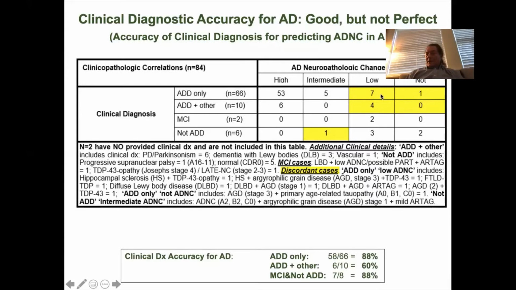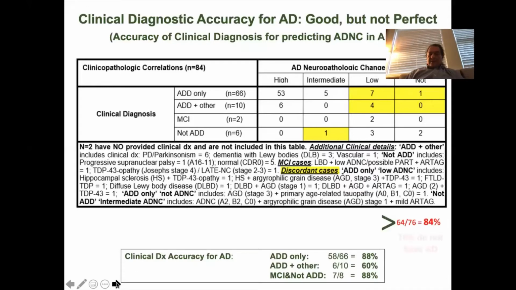But there were 8 people who had low, or 1 person none, Alzheimer's in their brain, even though they were diagnosed with Alzheimer's disease. So this shows you the data about the clinical diagnosis accuracy for making a pathological diagnosis.